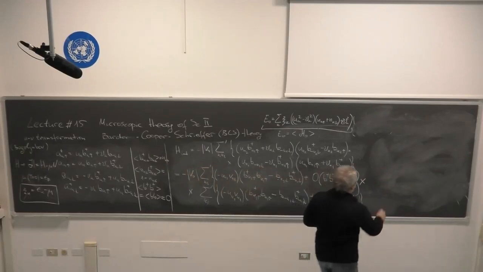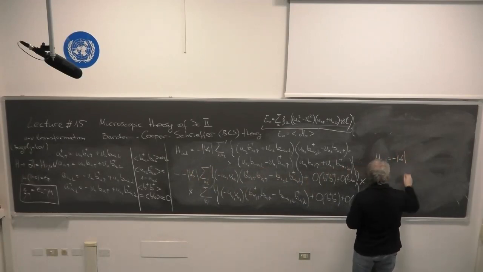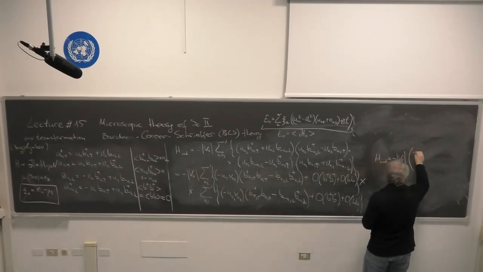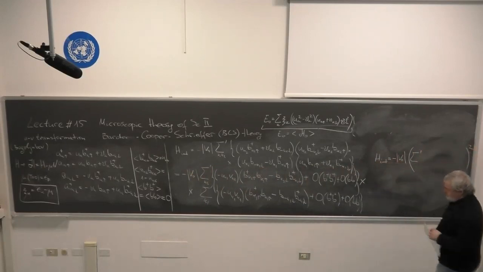So H interaction is equal to minus V node, and now this is a sum prime square.